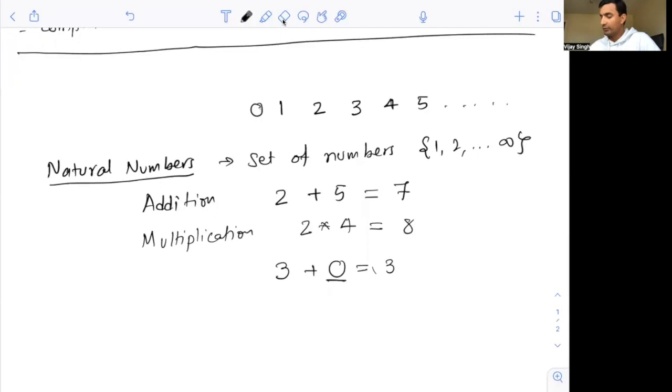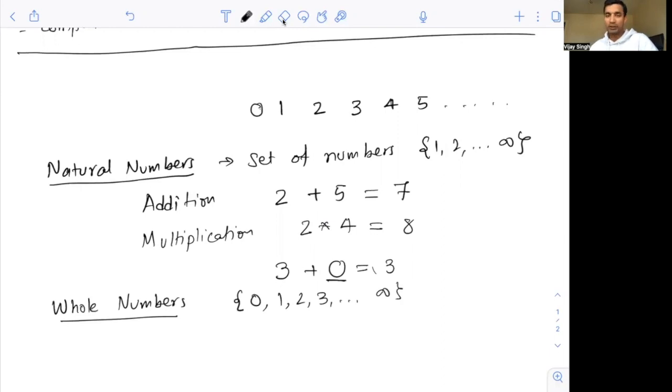So if we add 0 to the set of natural numbers, we make a new set. This set of numbers is called whole numbers. So whole numbers are a set of numbers that starts from 0 and then goes 1, 2, 3, and so on, up to the largest number.